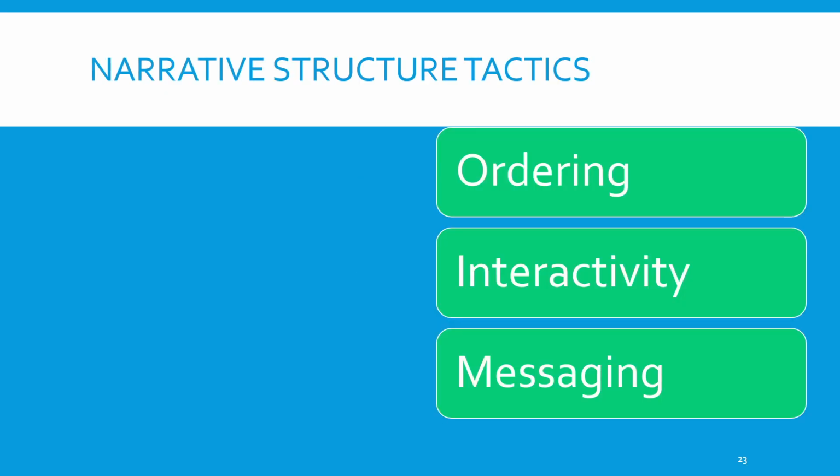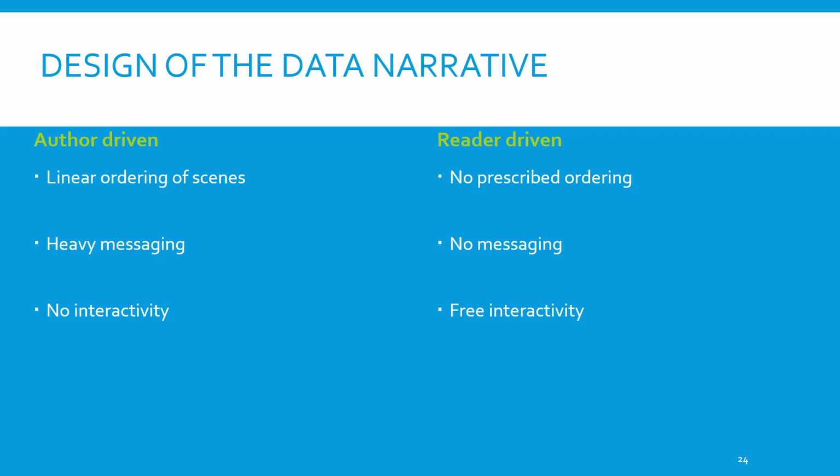Some of the tactics for the narrative is that we want to be able to order things, we want to provide some interactivity, and of course, we want to have a specific message that we want to transmit. And in that way, we can design data narratives in two ways.